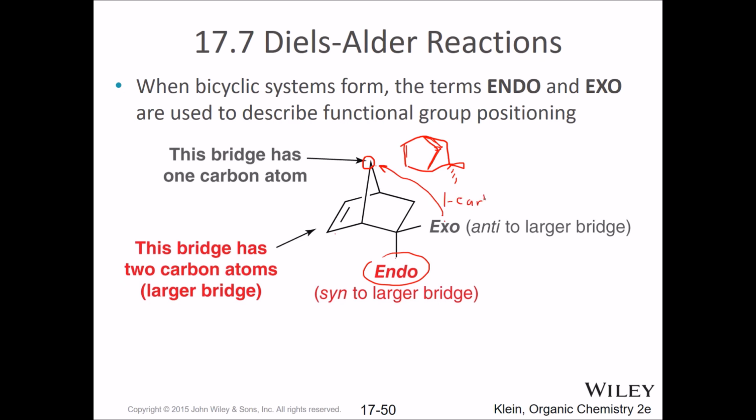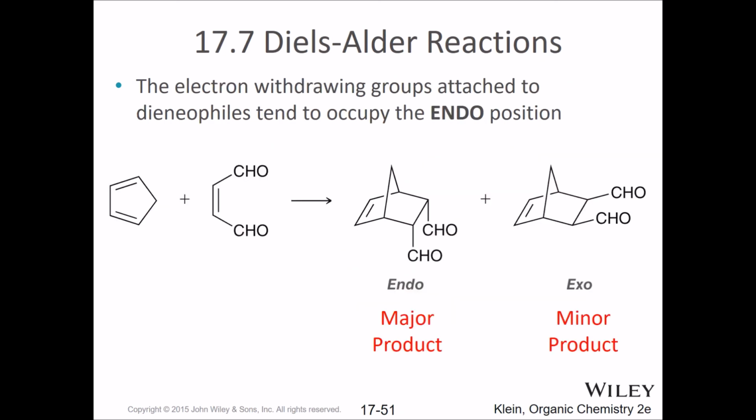Here's the 1 carbon bridge, and here's the 2 carbon bridge, right? Can you see that? There's 2. Okay, so the endo is closer to the 2 carbon bridge, and the exo is further from the 2 carbon bridge. All right, so it turns out that the endo is favored.